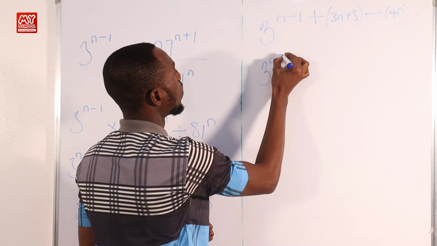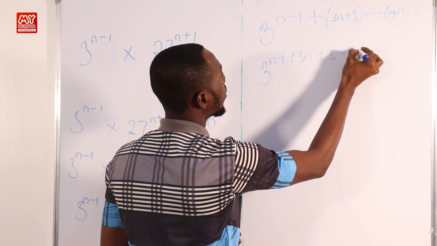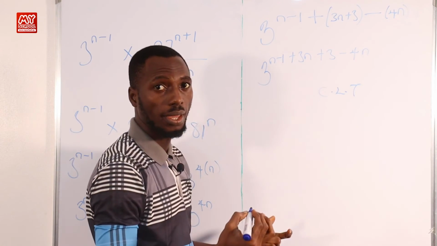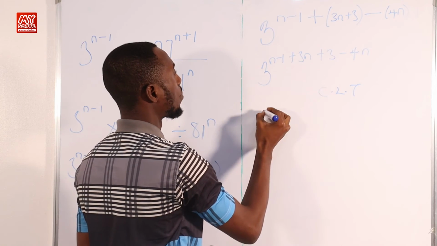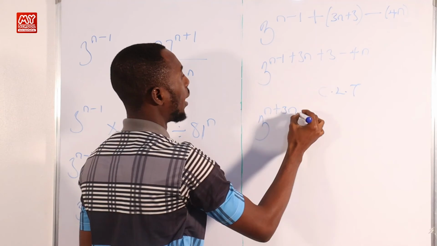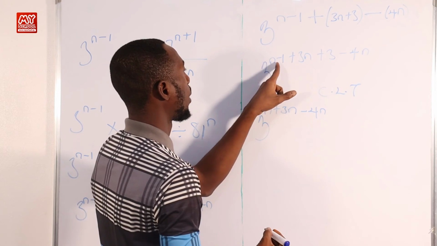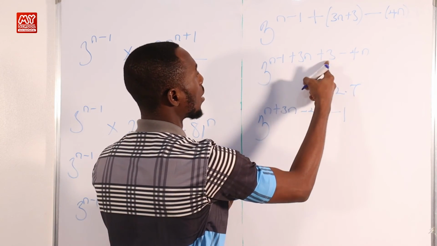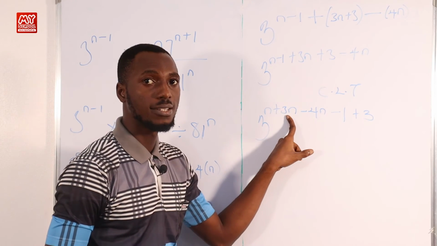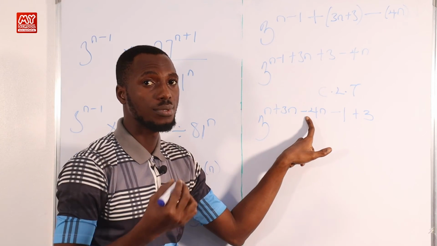We have 3 raised to the power n minus 1 plus 3n plus 3 minus 4n. So let's collect like terms. We have 3 raised to the power n plus 3n minus 4n, then minus 1 plus 3. n plus 3n is 4n, and 4n minus 4n gives you 0.